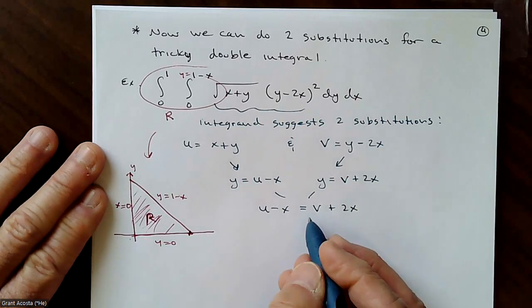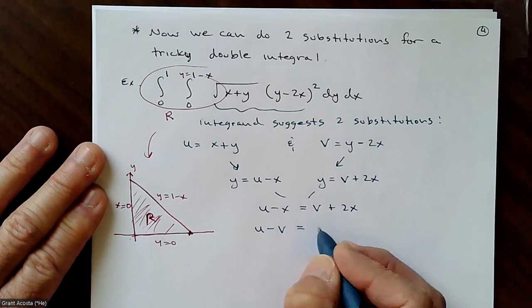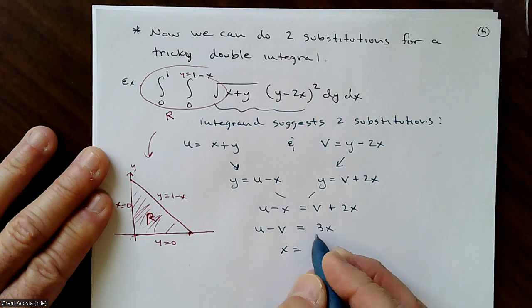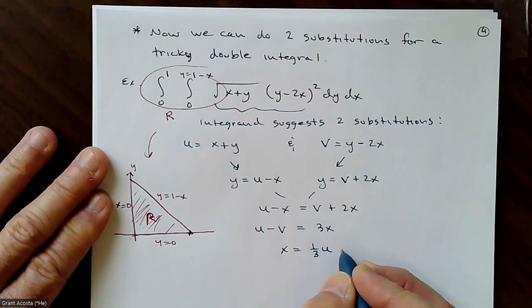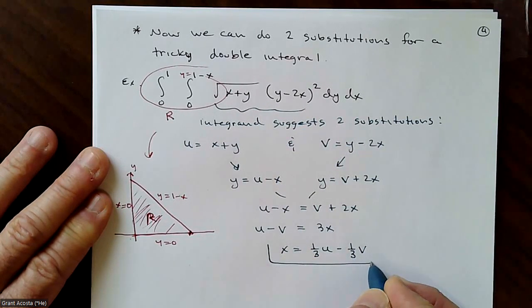Which means, let's move the x over here, the v over here. So I have u minus v is equal to 3x. So x itself, I'm going to divide by 3, and I think I'm going to just go ahead and split it up. X is 1/3 u minus 1/3 v. That's kind of important. We need this.